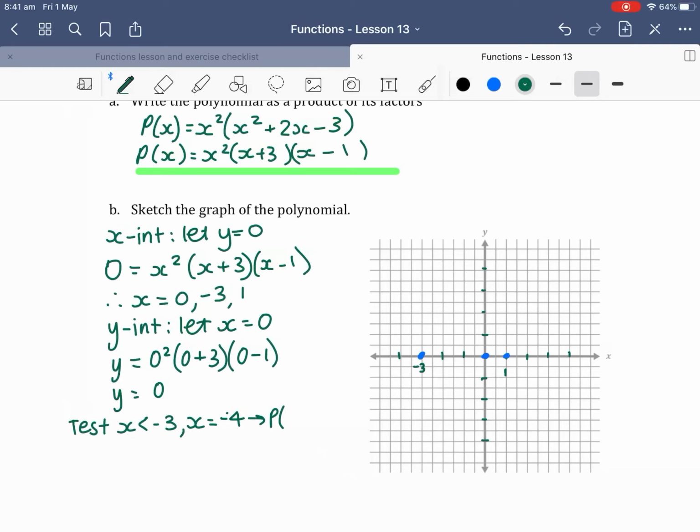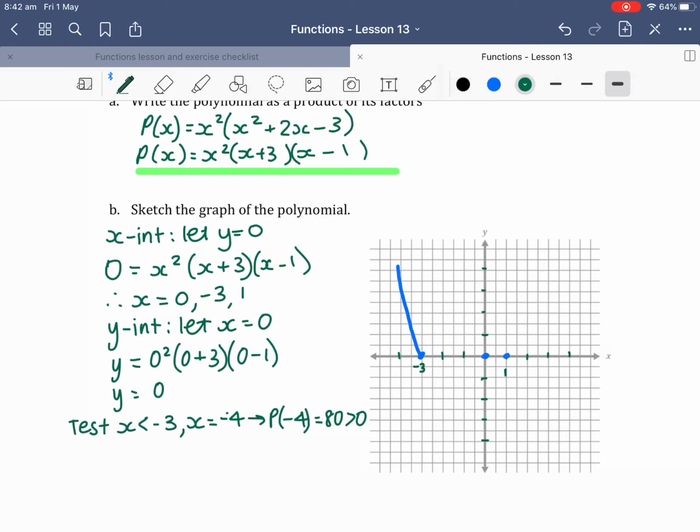So P(-4) equals, sub that into our equation, (-4) squared (-4 plus 3)(-4 minus 1), which gives us 80, which is greater than 0. So that means our polynomial is going to start up here.